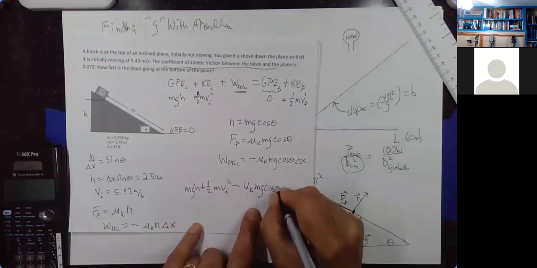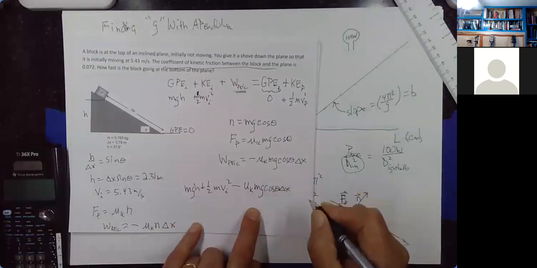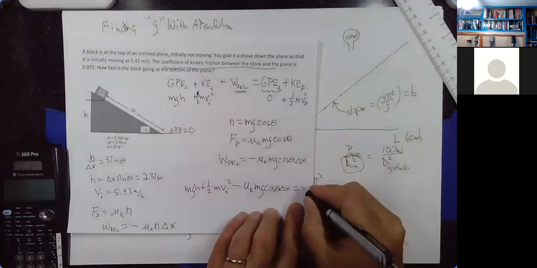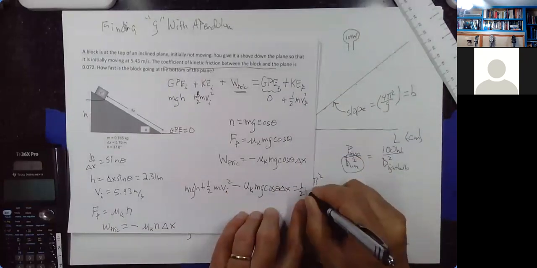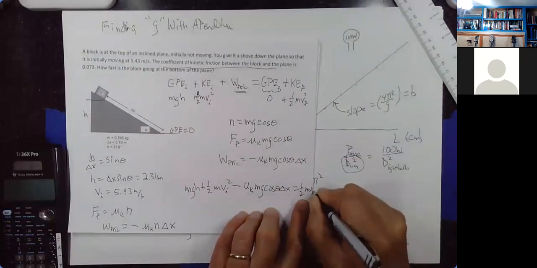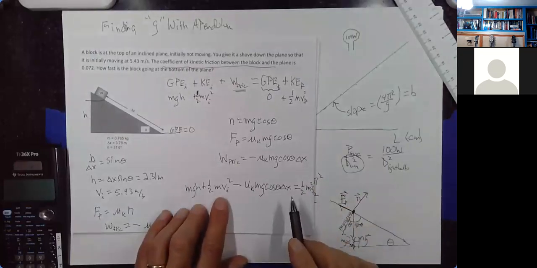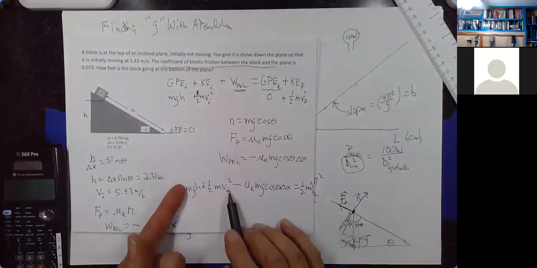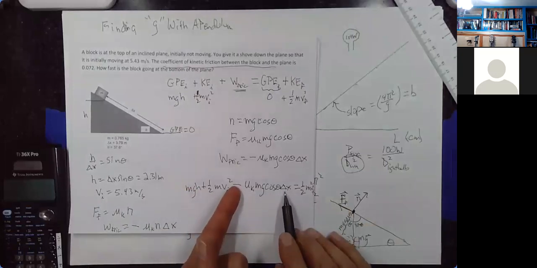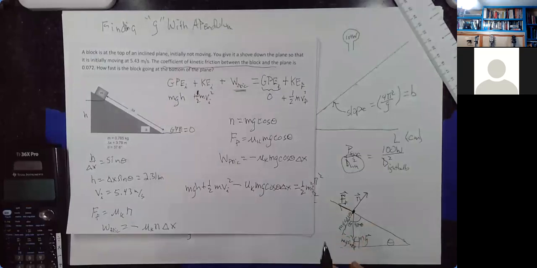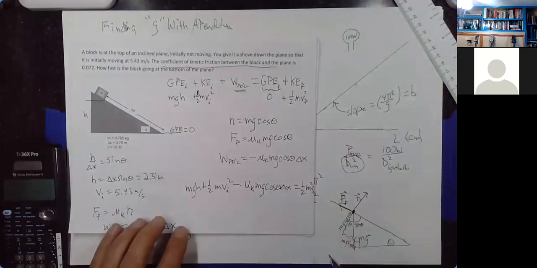And that'll end up being the energy that I finish with, 1/2 m v final squared. Sorry, that's a little crowded, but energy I start with minus the energy I lose equals the energy I end up with. And this is a conservation of energy problem.